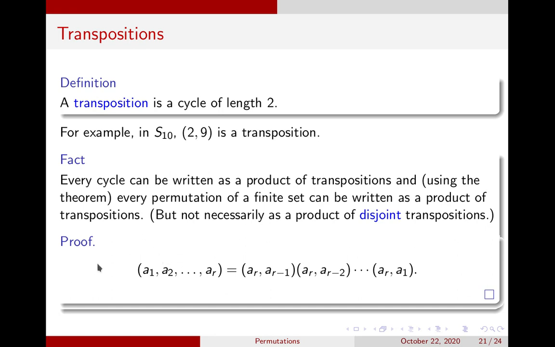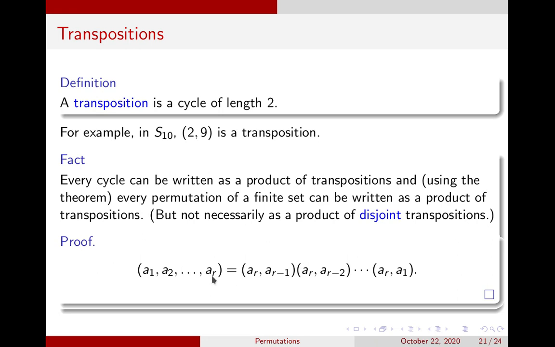Okay, here's the one-line proof of the fact that every cycle can be written as a product of transpositions. And this proof simply tells us how to do it. So you take a cycle consisting of the numbers in order A1, A2, and so on through A sub r. And then here is a way of writing that as a product of transpositions.